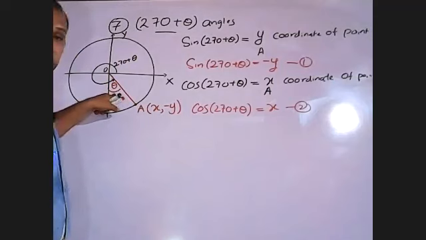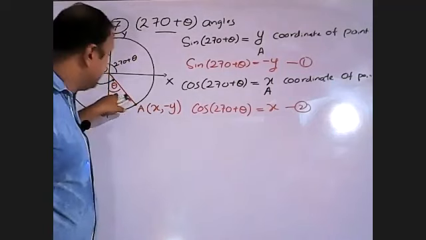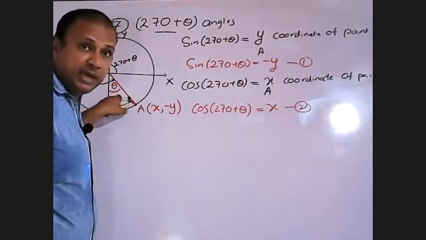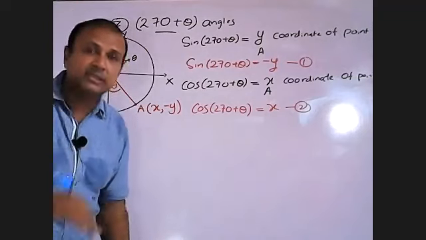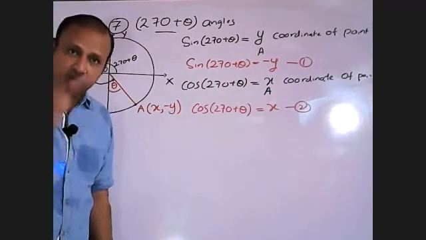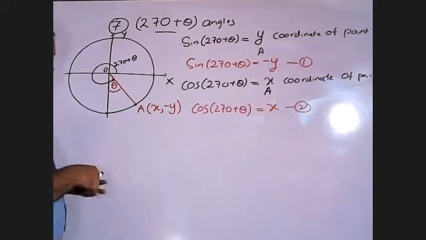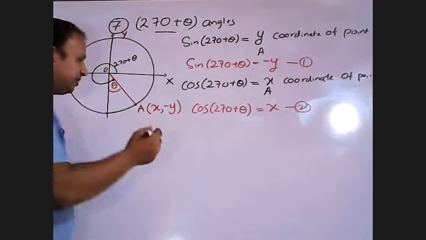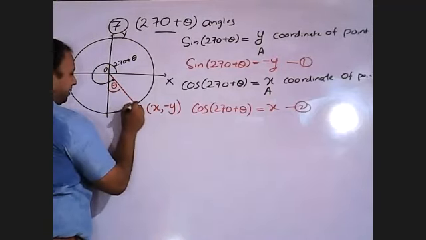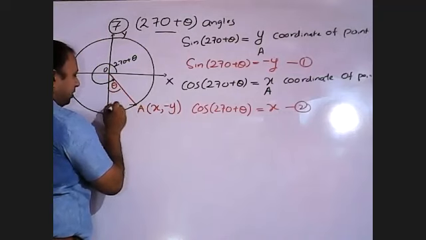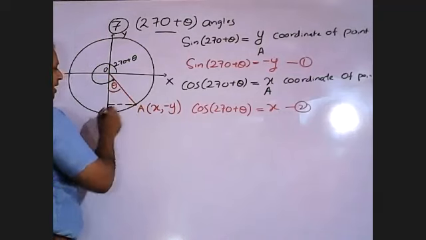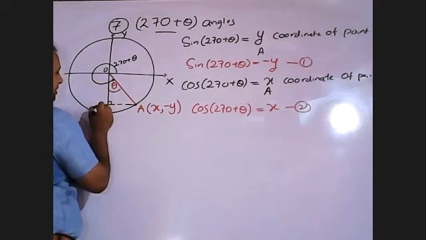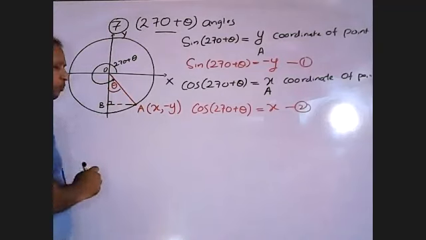If you want to determine sine and cos values of angle theta, you have to construct a right angle triangle. I will draw a perpendicular from A to the y-axis. This point is point B.